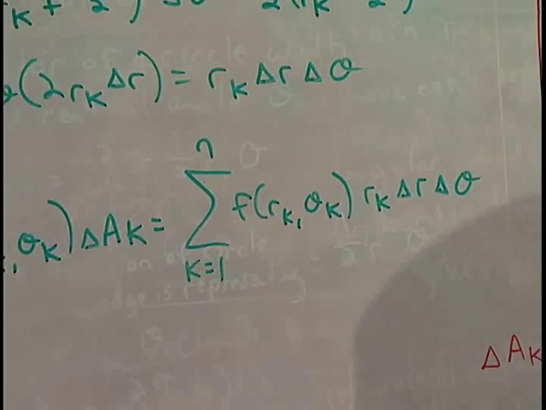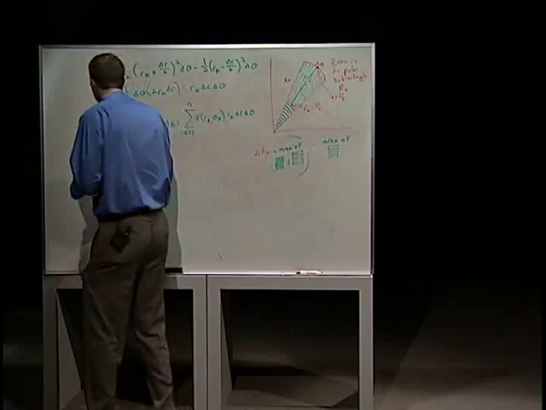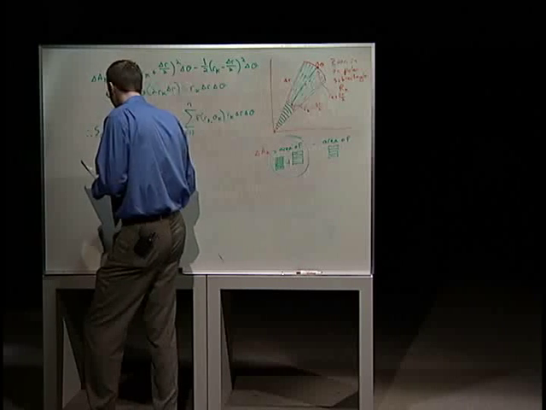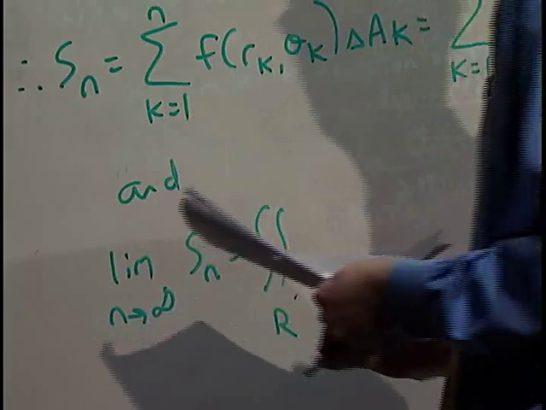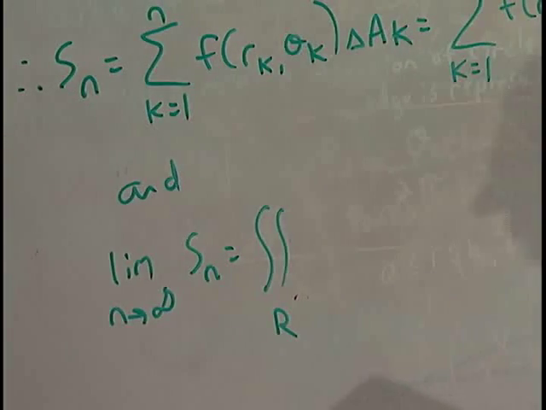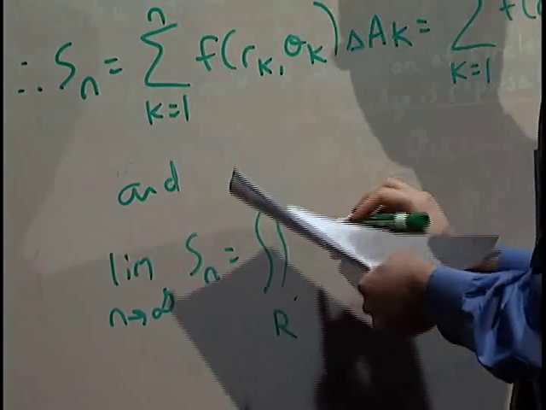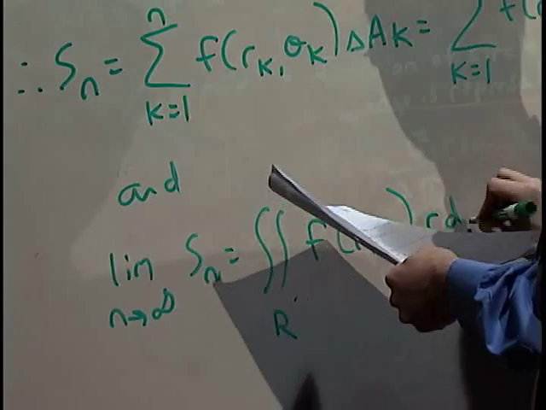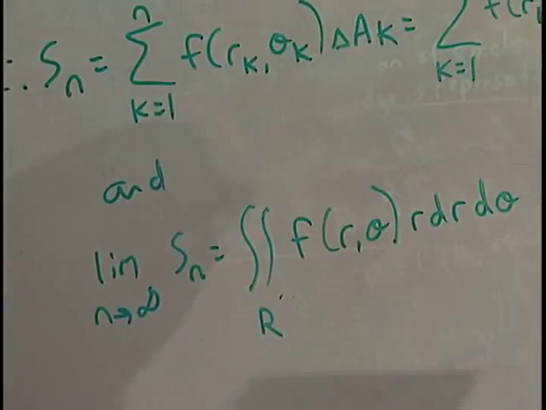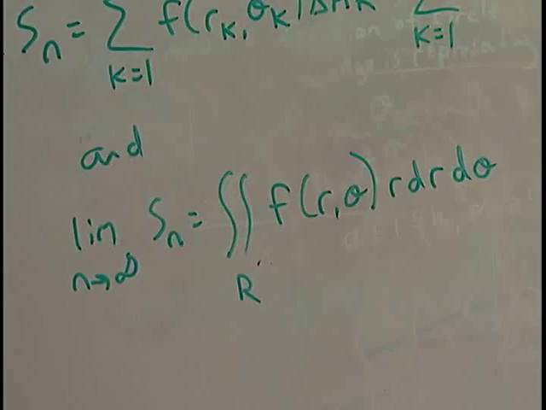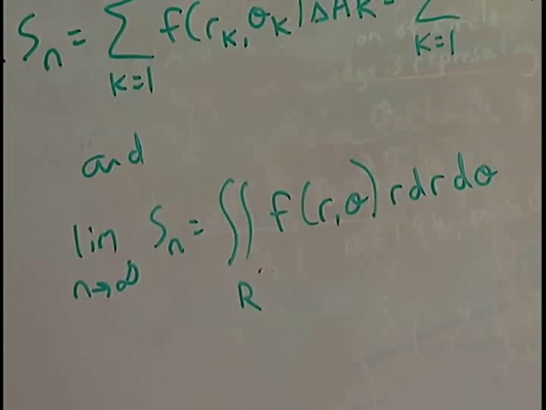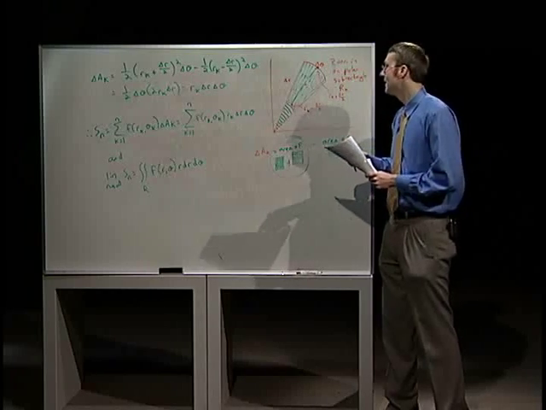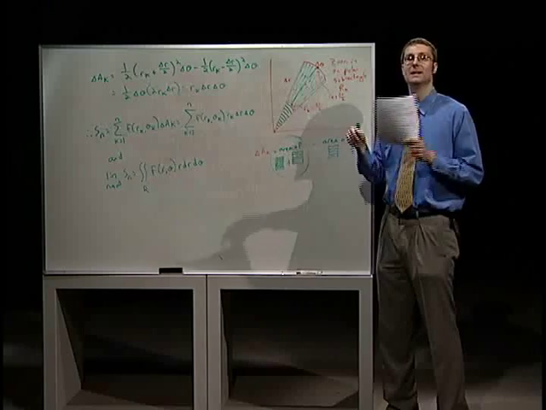So when I pass to the limit as n goes to infinity of S sub n, it is the double integral over the polar rectangle R, not the polar subrectangle, of f of r, theta, r dr d theta. And I want to emphasize two points. Number one, this is a zooming in on one single polar subrectangle in that big region R.